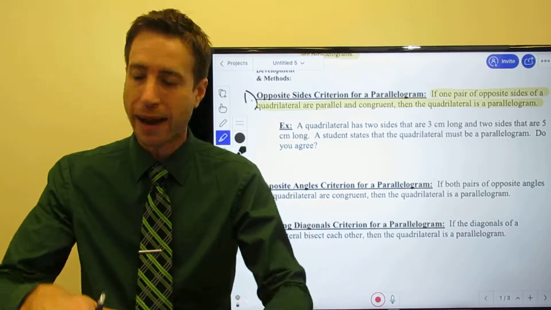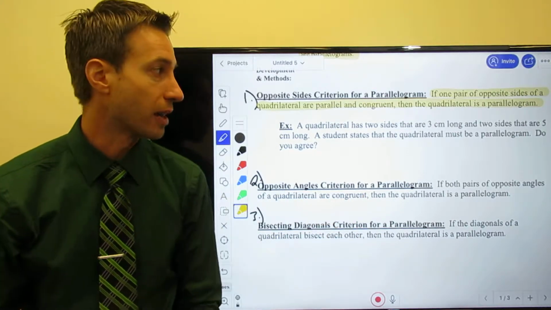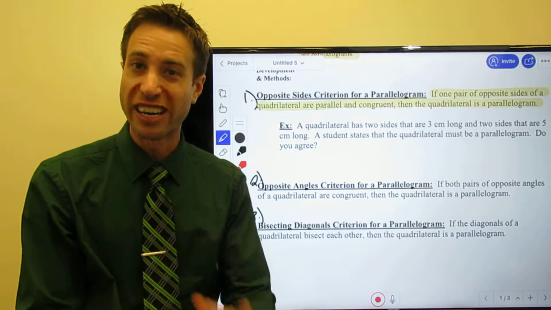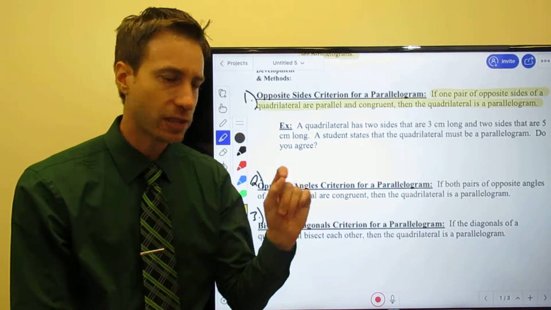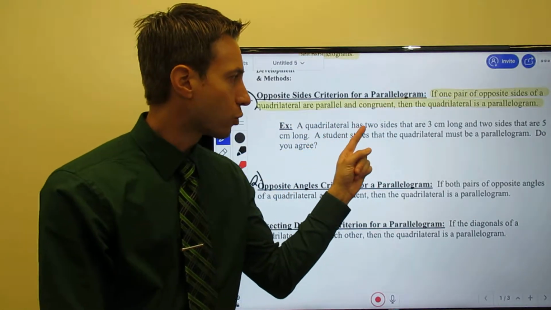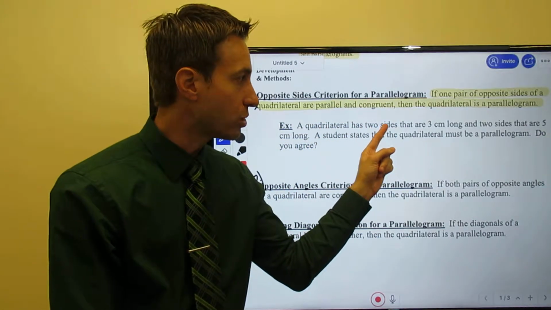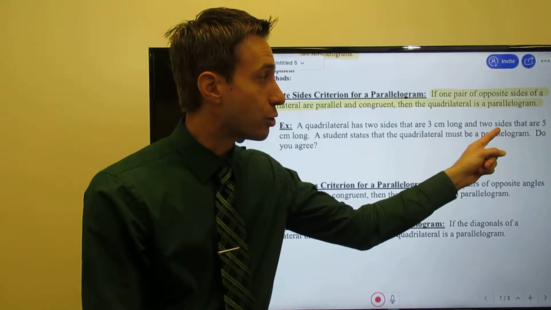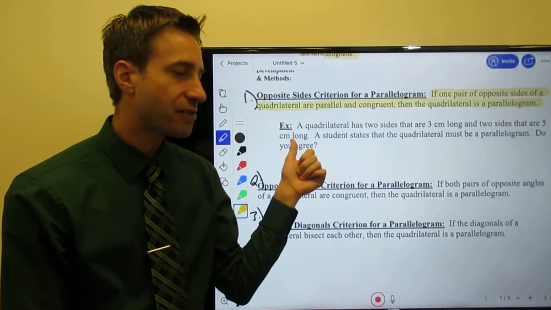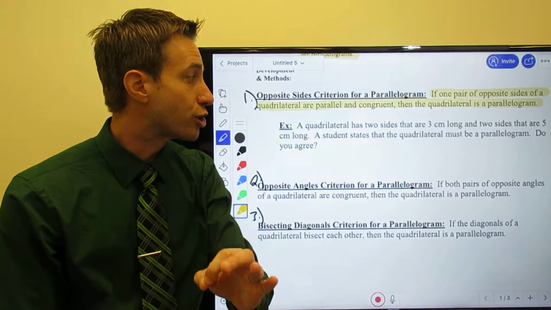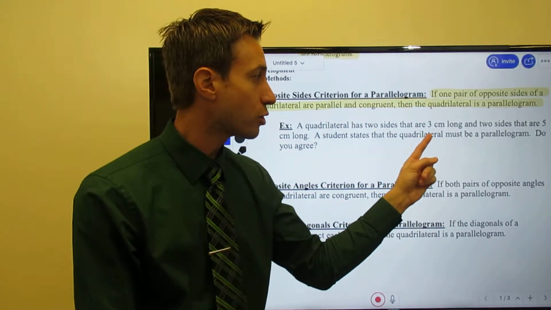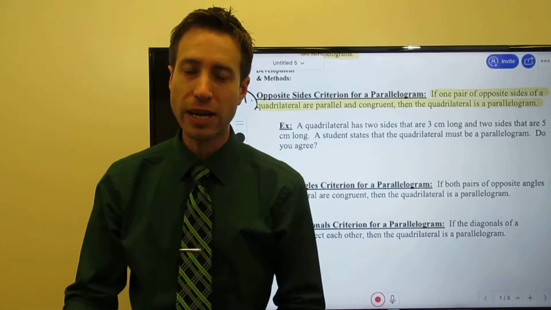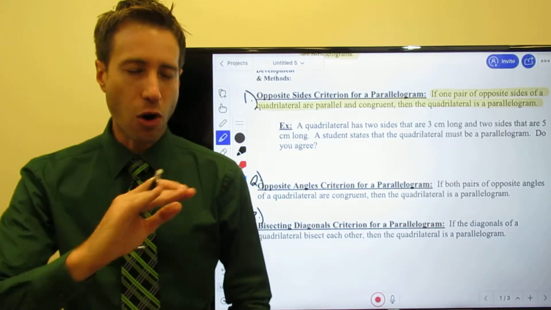Now, a great way to test whether you understand what's going on is a question. A quadrilateral has two sides that are 3 centimeters long. It also has two sides that are 5 centimeters long. A student claims that this quadrilateral must be a parallelogram. Do you agree?